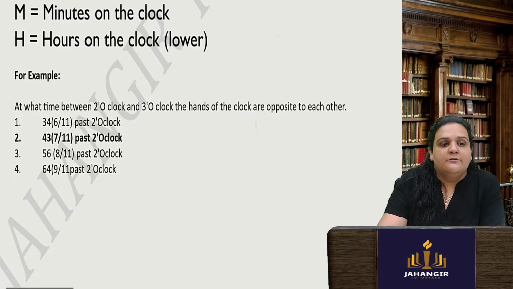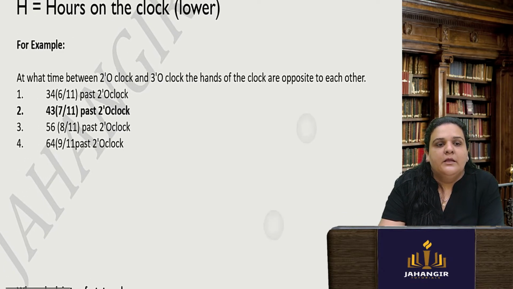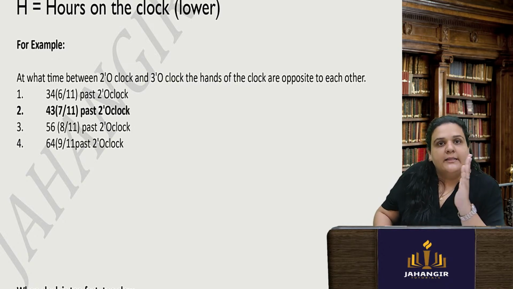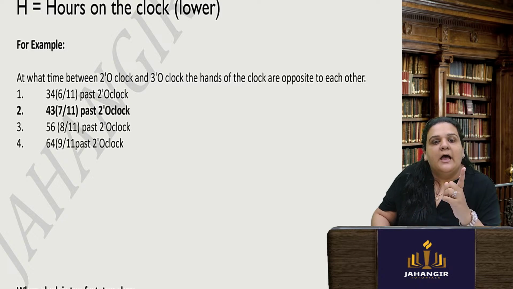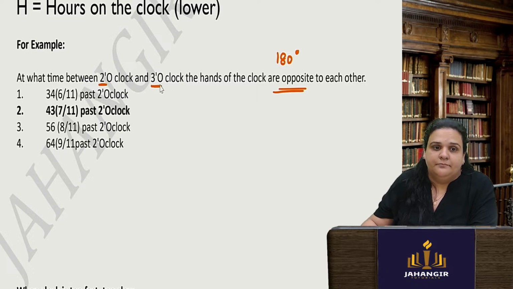Now see this question. At what time between 2 o'clock and 3 o'clock will the hands of the clock be exactly opposite each other? When they are opposite each other, I know that they make an angle of 180. They are asking me the time between 2 and 3.